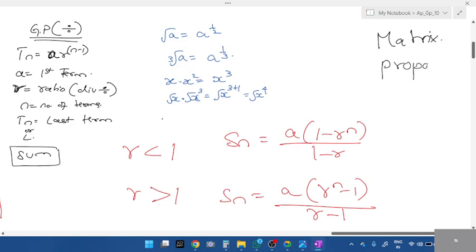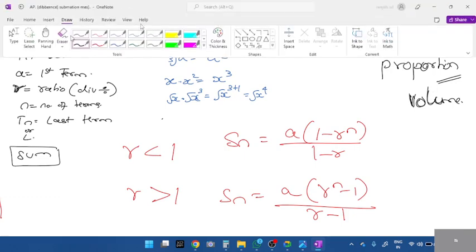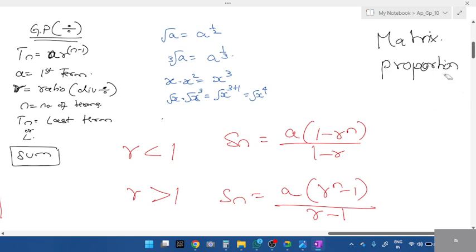Ratio is not there, only proportion, students. Okay, only proportion I'll teach you all tomorrow. Evening I'll be starting volume. Because morning class, you all can leave. Matrix, proportion, volume. Tanishka and Naomi can leave. Right. You all can leave.